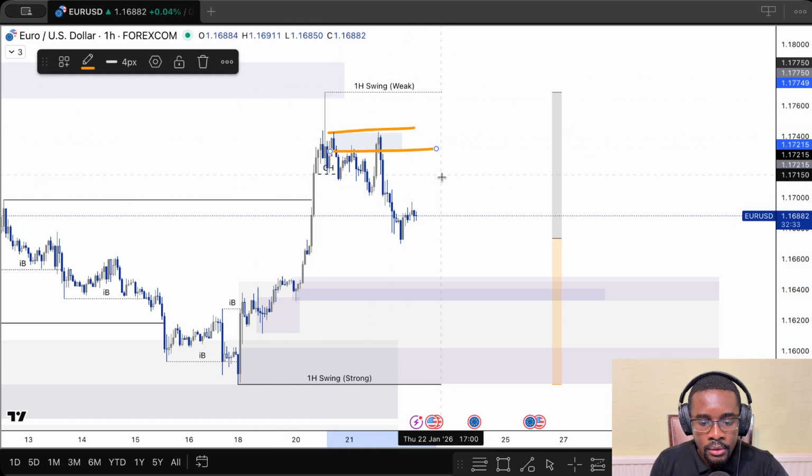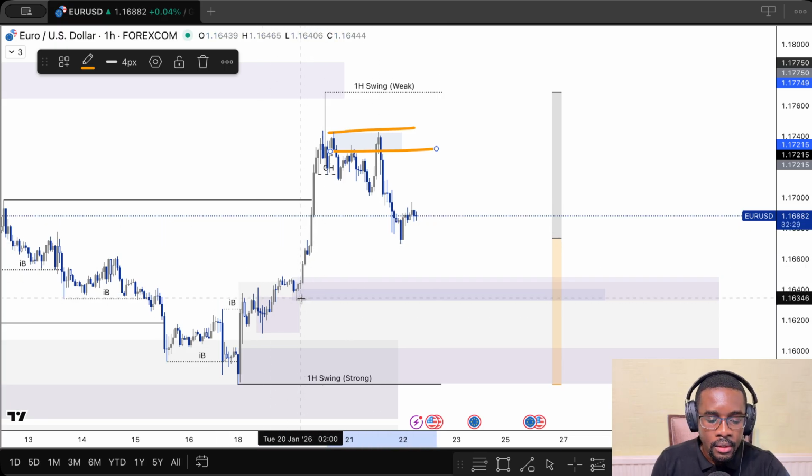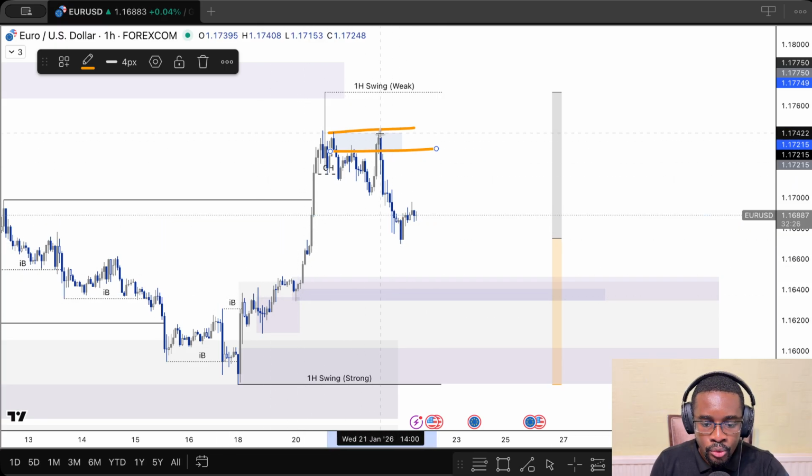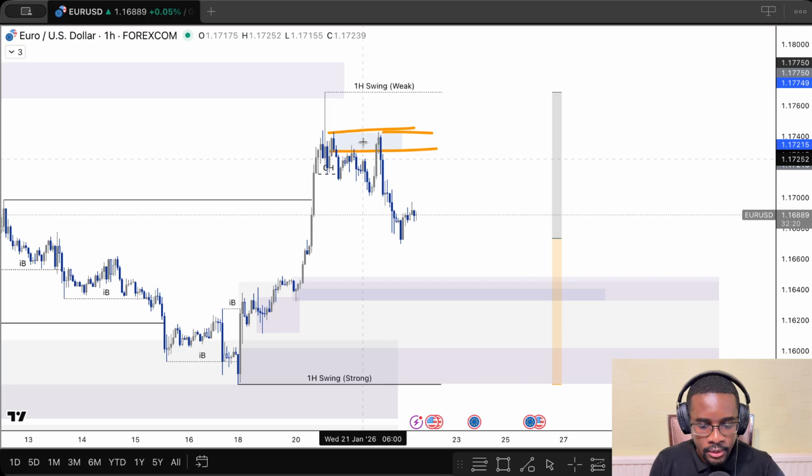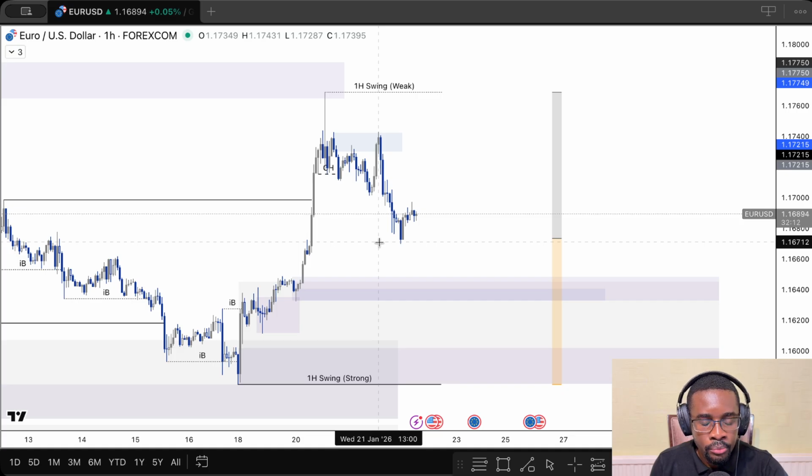So we do have this newly formed supply right there at the top. It's slightly swept. If we look at the high of that candle, it is 1.17431, and then the high of this one is 1.17429.